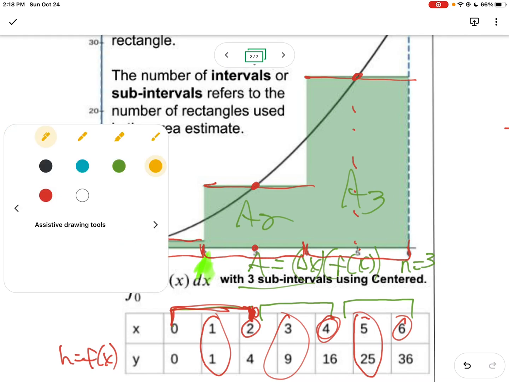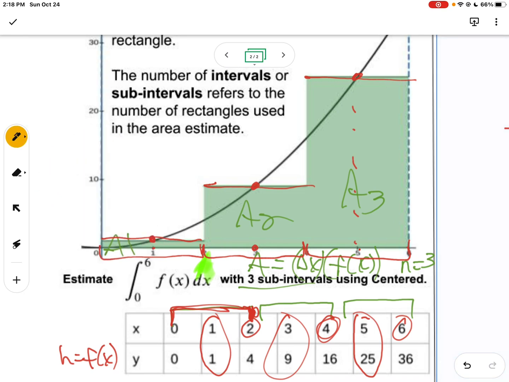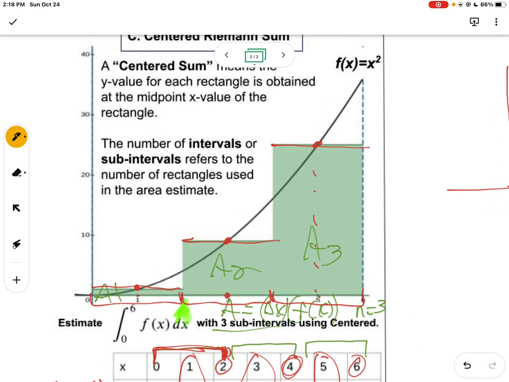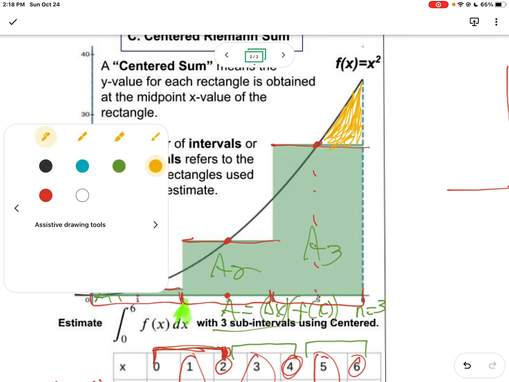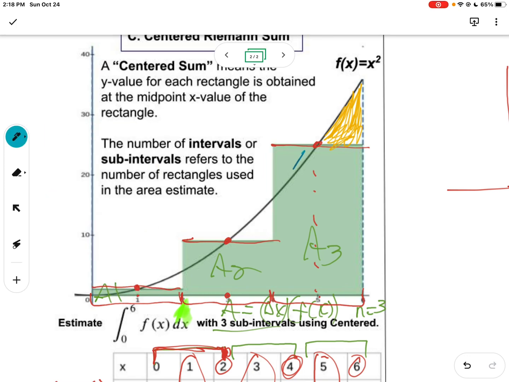Now, the question I would pose to you is: are you going to get a more accurate estimate here or a less accurate estimate? Because if we look at this, is that an overestimate there or an underestimate? Well, I think that's an underestimate. And then if I was to shade in this part of it, that's extra. Then again, that's extra. And that right there is extra.